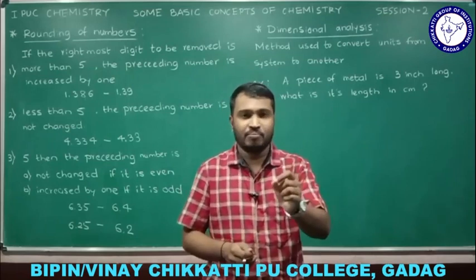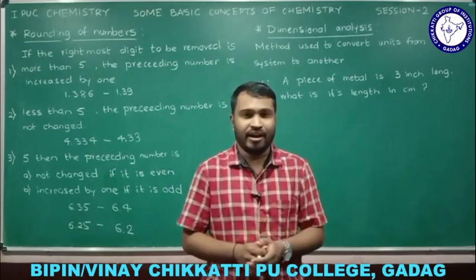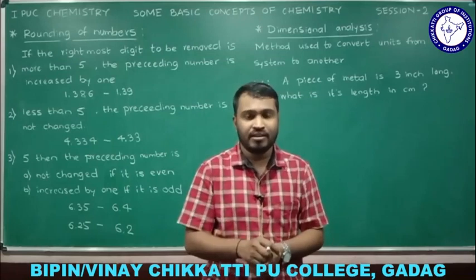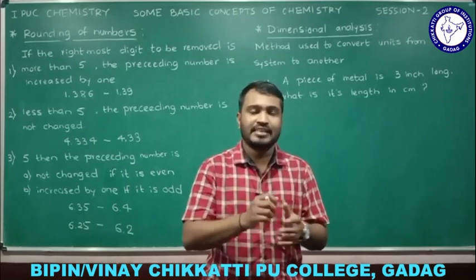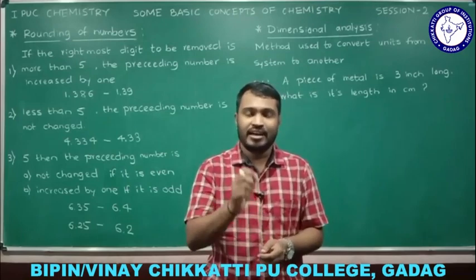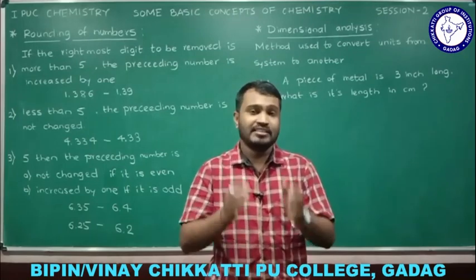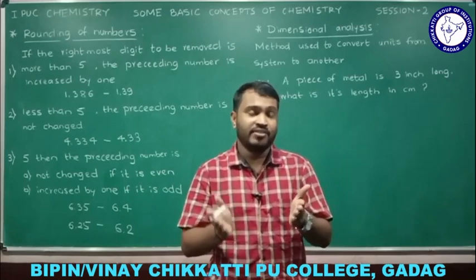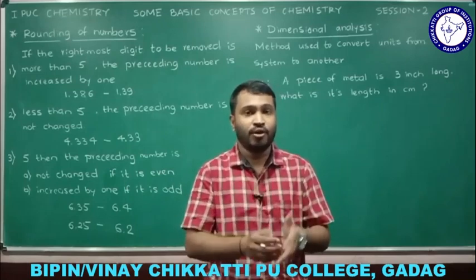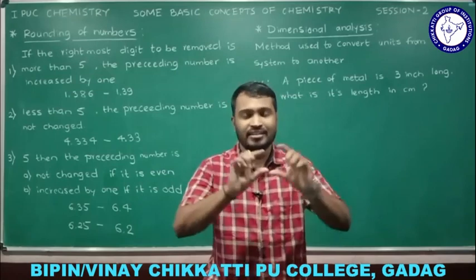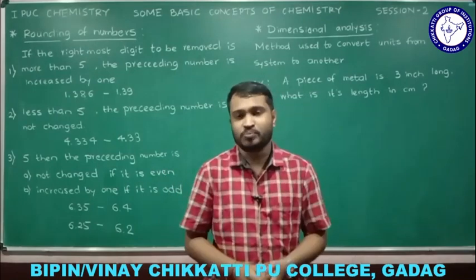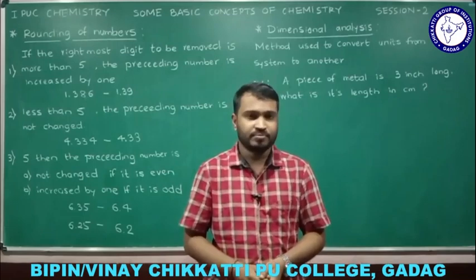If the last number is greater than 5, the preceding number is increased by 1. If the last number is less than 5, the preceding number remains as it is. If the last number is exactly 5, see whether the preceding number is even or odd. If it is even, keep it as it is. If it is odd, increase by 1. This is in a very simple way how I can explain rounding of numbers.